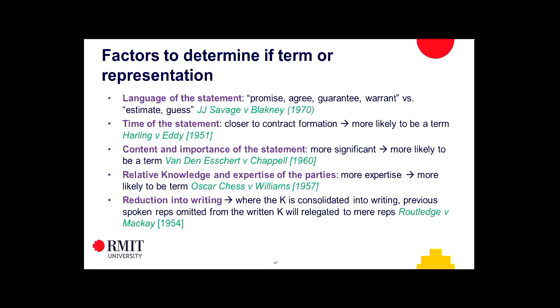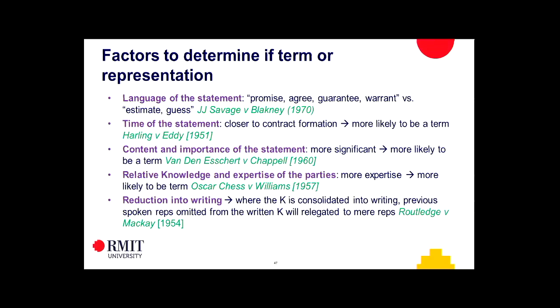On the contrary, I don't know much about cars. My statements about the engine of a car would probably be more likely to be a representation because I have no expertise in that area. Did the parties reduce it to writing?